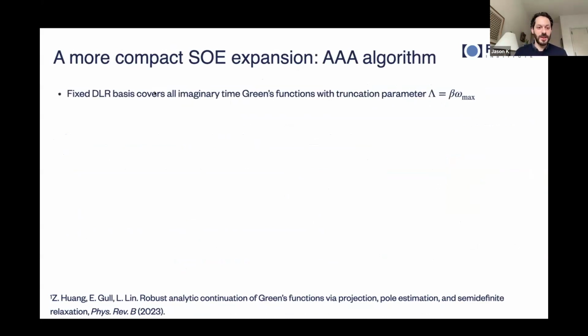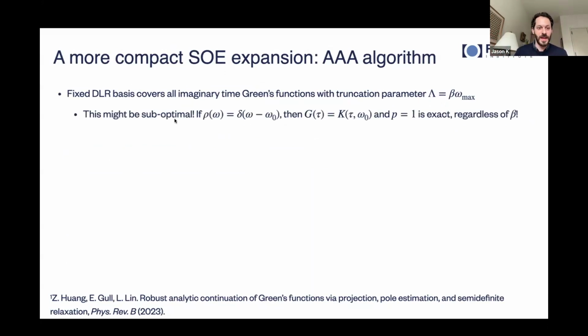The idea here is that a fixed DLR basis covers all imaginary time Green's functions up to an inverse temperature cutoff at the same time. And that means that in many cases, it's going to be a suboptimal sum of exponentials representation. So for example, if our spectral function is a delta function, then G is a single exponential.